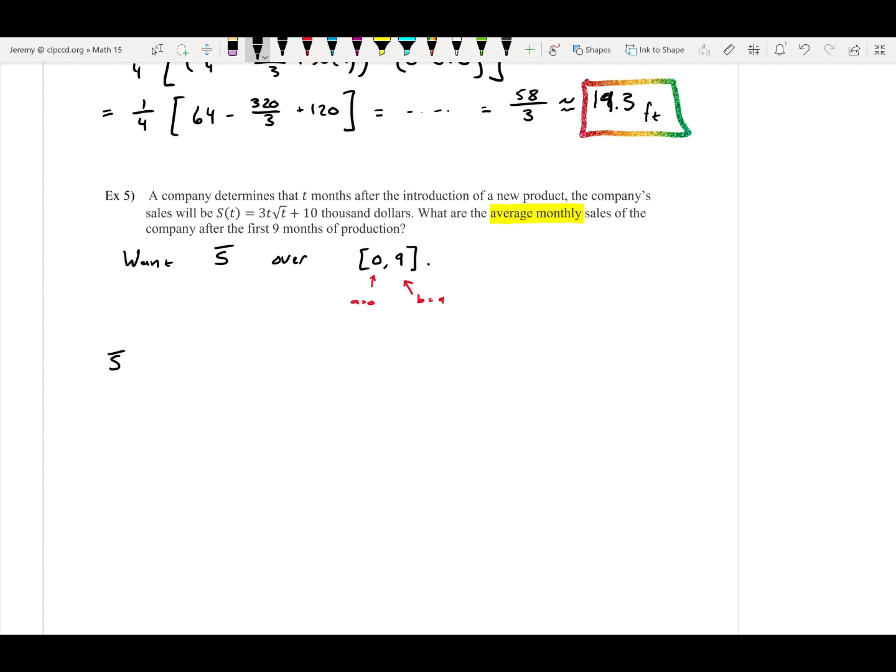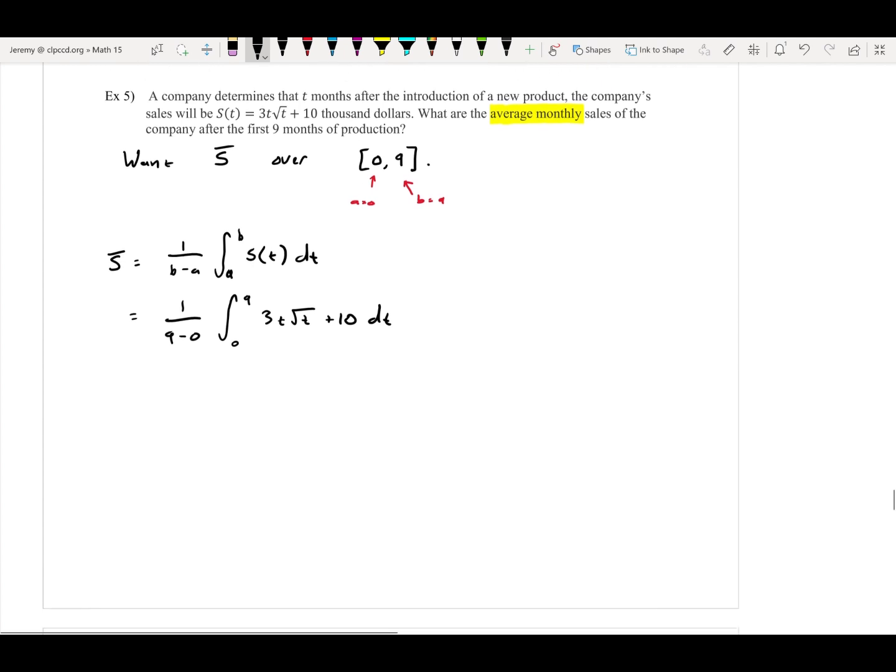So here it is. S bar, the average value of S, is going to be 1 over b minus a. I'll write out the formula just to remind us. It's just in terms of t this time. So 1 over 9 minus 0 times the integral from 0 to 9 of 3t root t plus 10 dt.